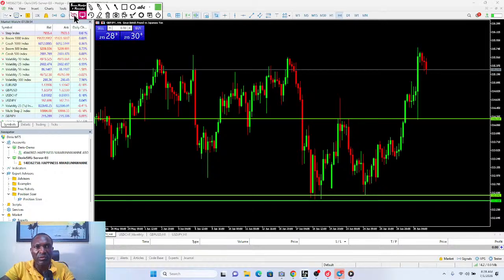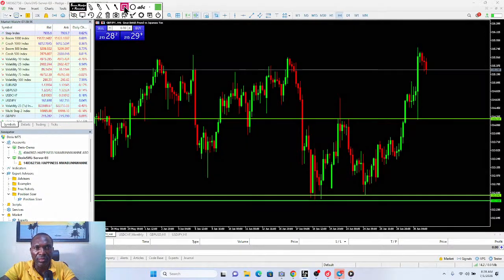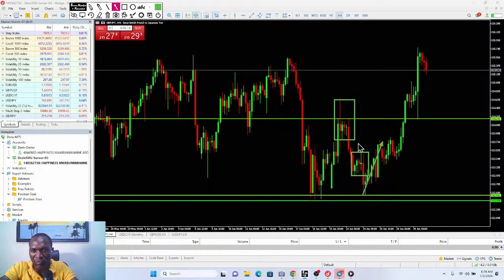So now this is my pattern that got broken. Now the market did what? Came up, and took here out. That means there's a change right there. There's a change for an uptrend.